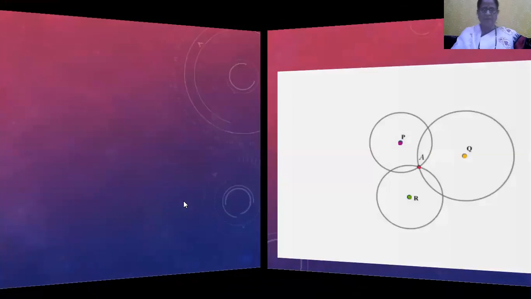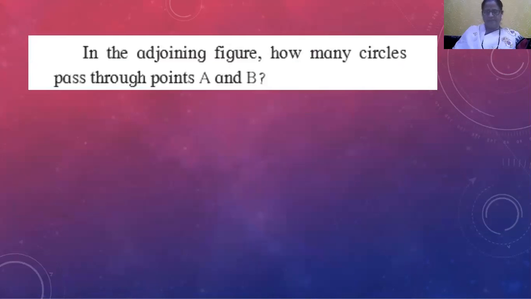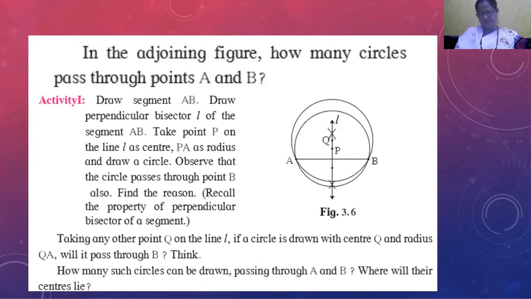And next we are going to see, in the adjacent figure, how many circles pass through points A and B. See here, we have taken points A and B and we have drawn the perpendicular of AB. This is the perpendicular line L. On this line L, you take a center point and draw the circle.